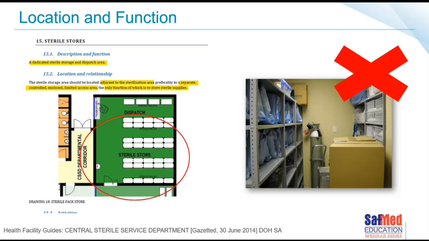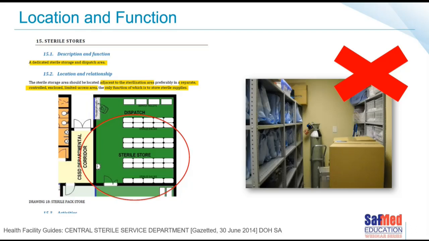If you have a look at the picture on the right, and I have numerous pictures that we're going to go through today, and of course when it came to putting this PowerPoint presentation together, I had so many options to choose from on incorrectly designed areas or incorrect ways of sterile storage. Here, of course, is a sterile storage area where a whole multitude of things were being stored.